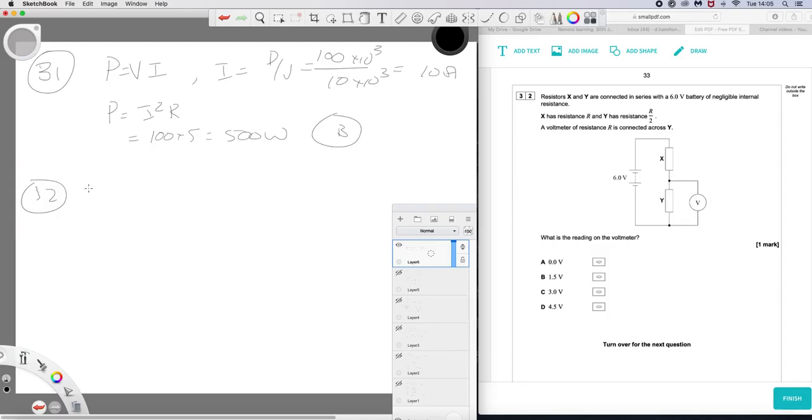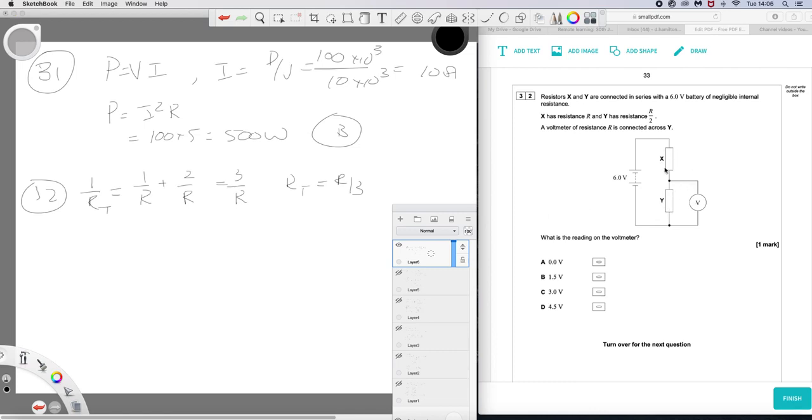So our total resistance with the Y and V in parallel will be 1 over R plus 1 over R over 2, or 2 over R, which of course is 3 over R. So the total resistance between those 2 points is R over 3. So you've got R and R over 3.